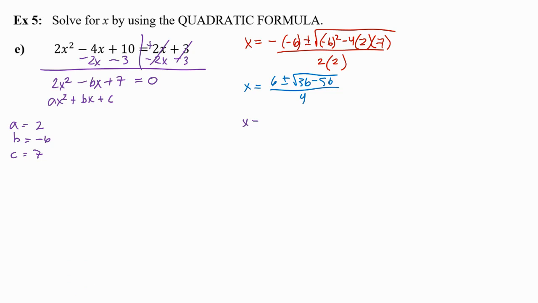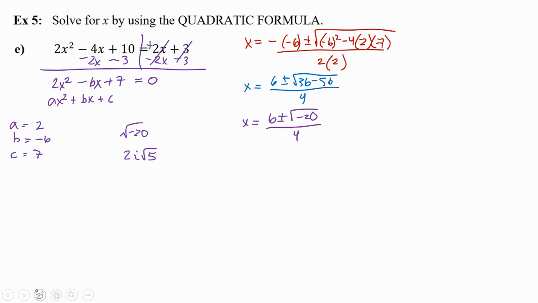Okay, simplifying the square root a little bit. So we have 6 plus or minus the square root of 36 minus 56, which will give us negative 20 over 4. Take the square root of negative 20 to the side, but we figured out before that was going to be 2i root 5 from the previous example.